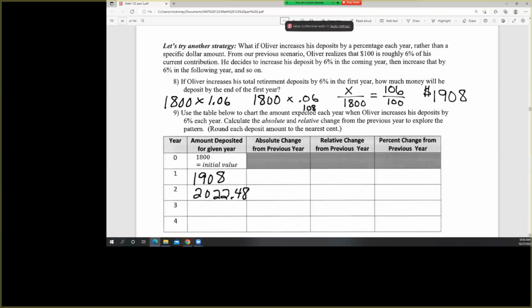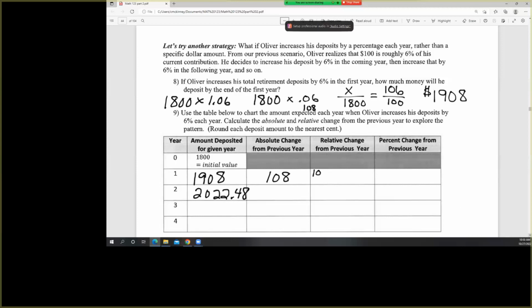And you could keep going down first, or you could go across to find out the absolute change. Now I would subtract those, or if I did times 0.06, that is that part. And then the relative change.